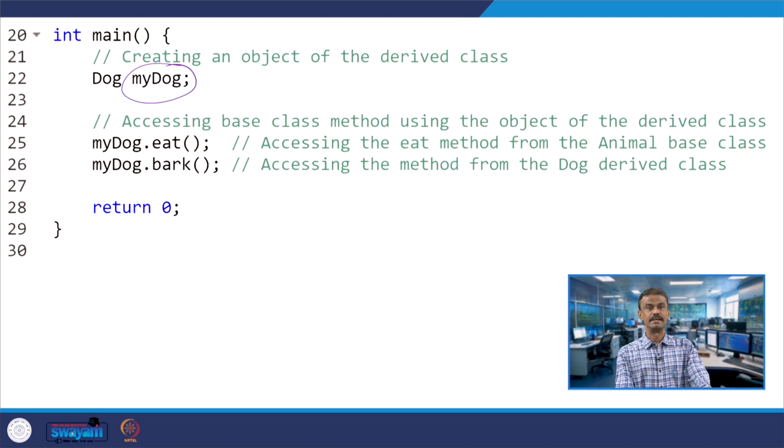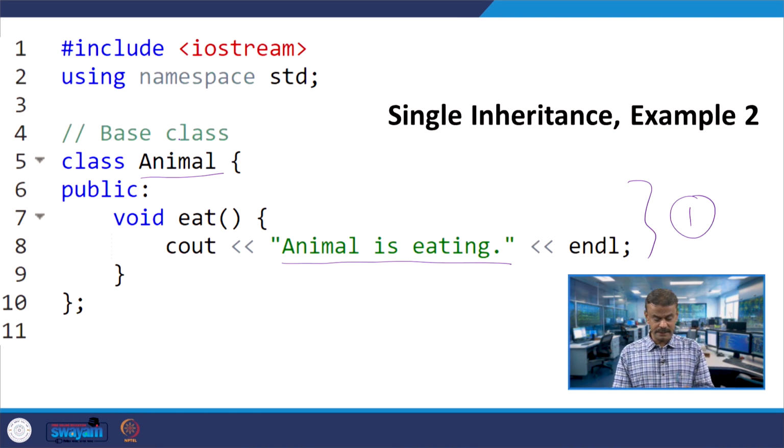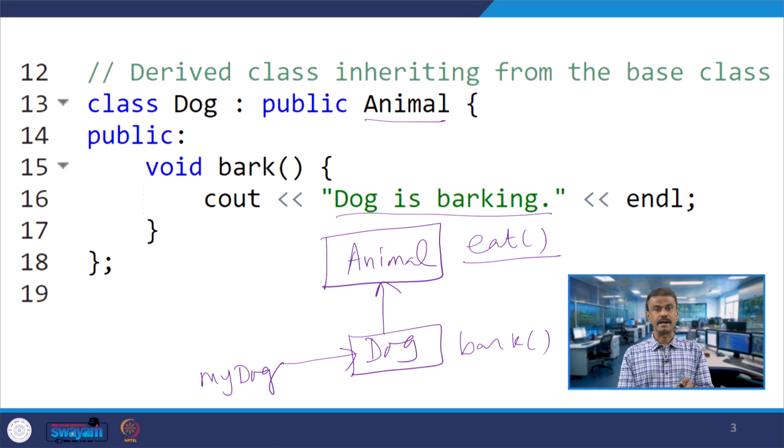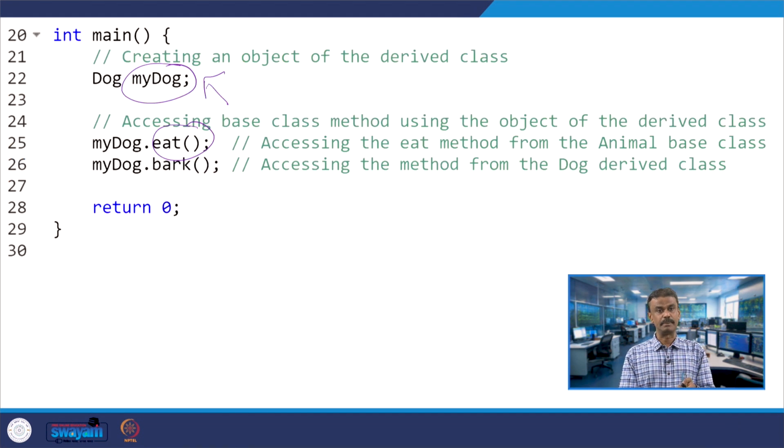So myDog is an object under the class dog, and myDog is invoking eat. When it is invoking eat, "animal is eating" will first get printed.